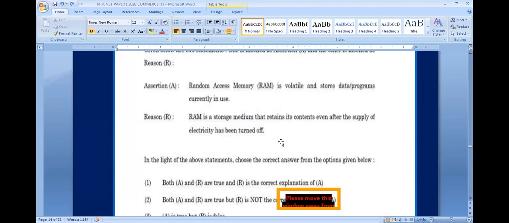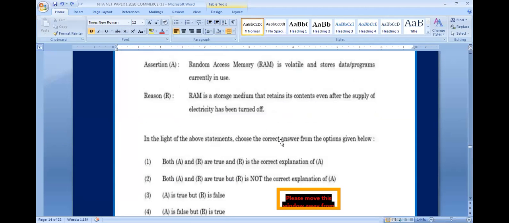RAM is volatile and stores data or programs currently in use. True. RAM is a storage medium that retains its contents even after the power supply is turned off. I need an answer from you. Is it right?